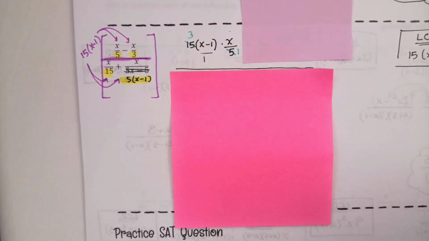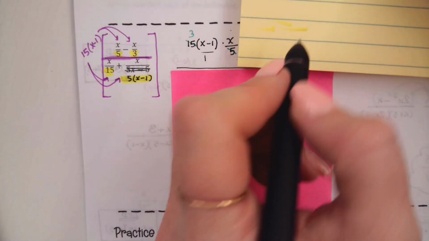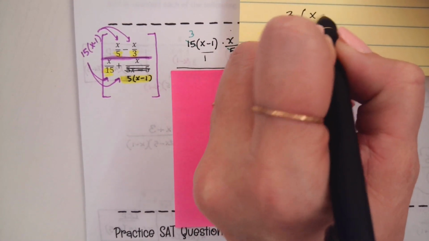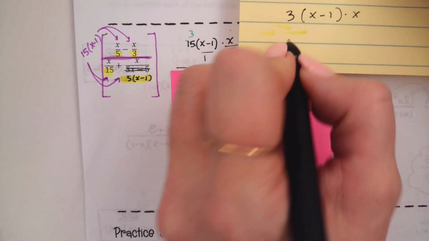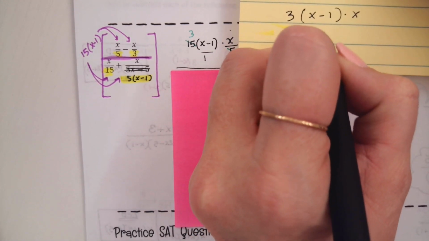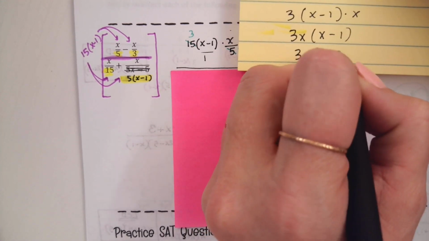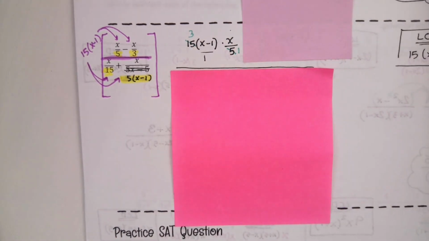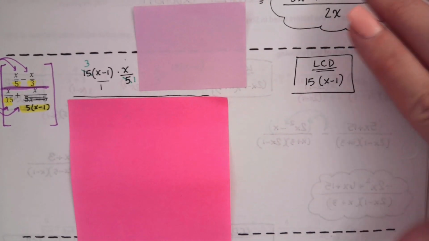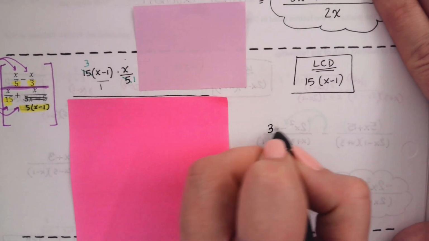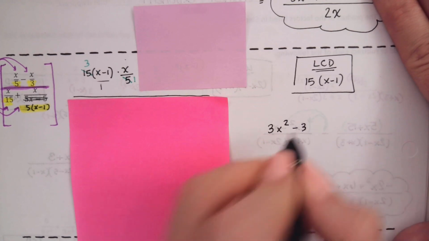And then we just have 3 times x minus 1 times x. That should be 3x times x minus 1, which is 3x squared minus 3x. Good job. So my answer should have 3x squared minus 3x.